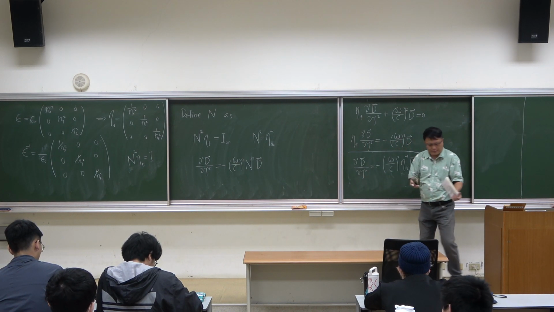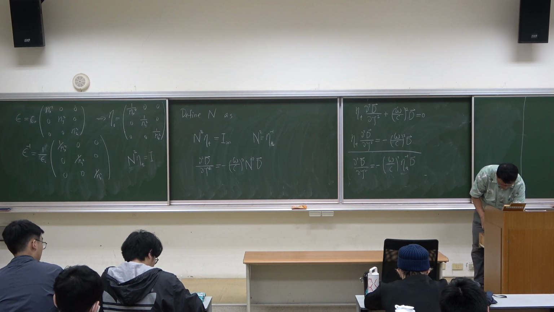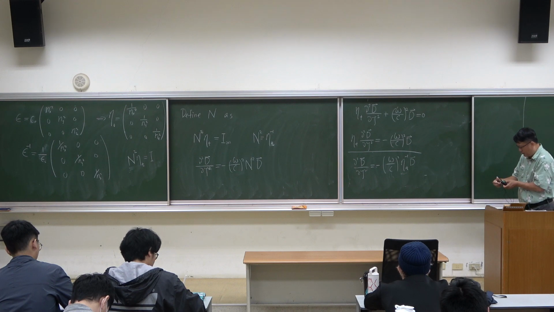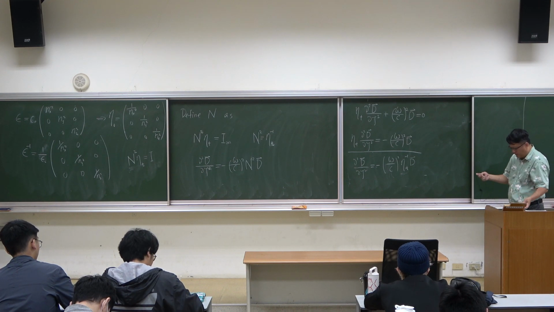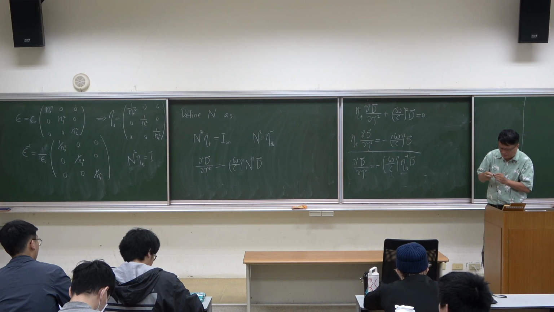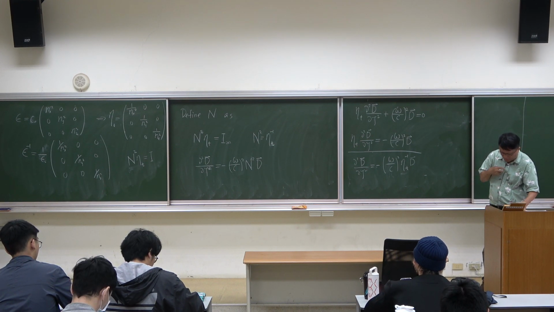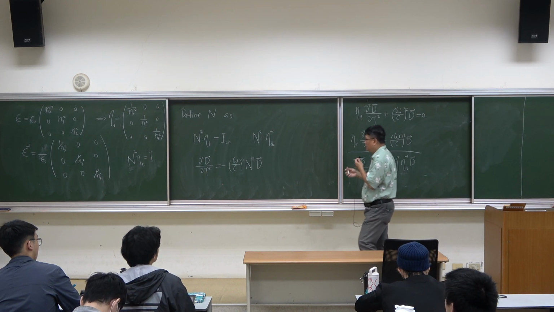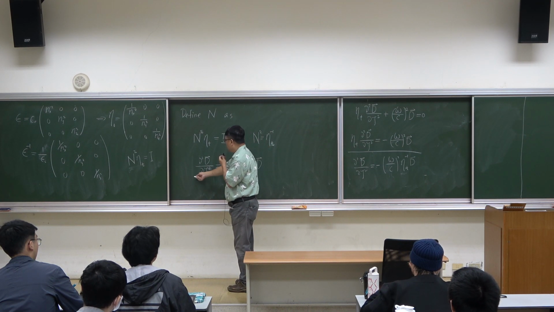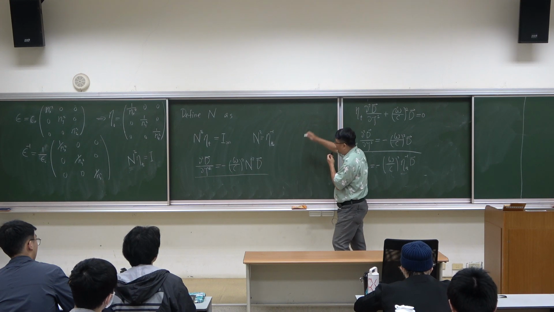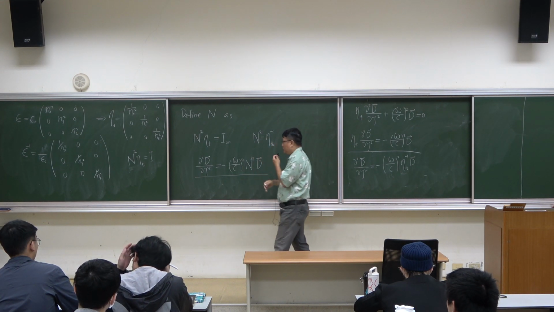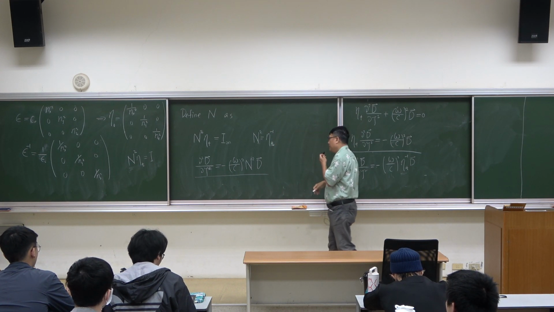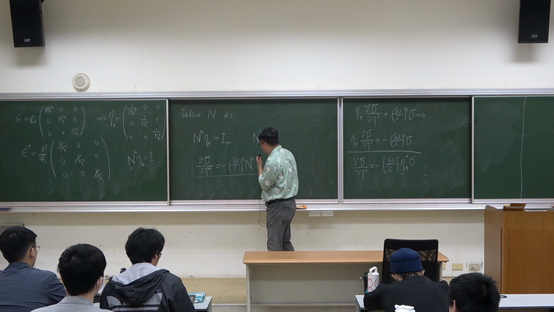Okay. So if we allow to define a matrix N, so the matrix N squared is equal to the inverse of eta t, then we get this equation.